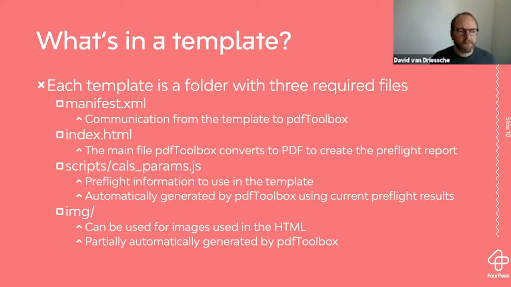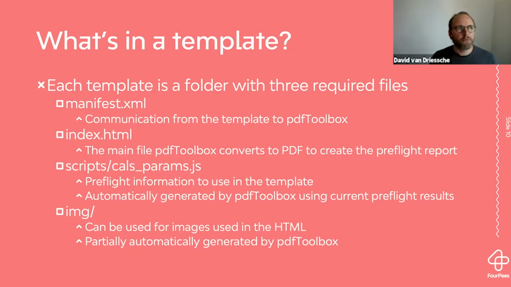The first thing is a manifest.xml file. This is a communication file between pdfToolbox and your template, or vice versa would be a better way of putting it. Basically, the manifest.xml tells pdfToolbox what it is that you need in terms of information. Some of the information you will always get, like the basic preflight results, but some of the information that you could get takes a lot of time to prepare.